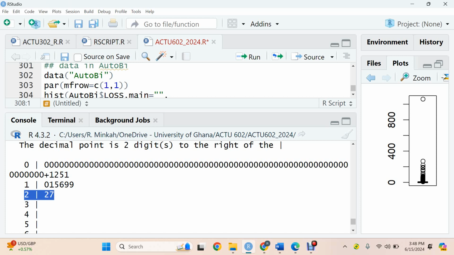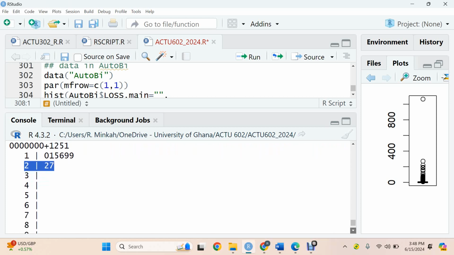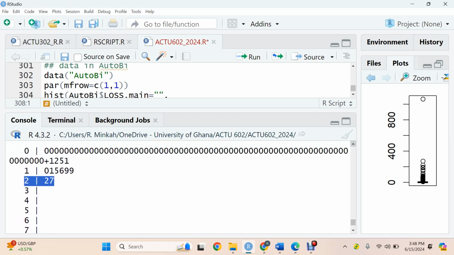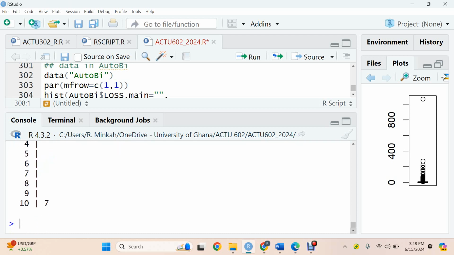Only two values were beyond two. Oh no, there's another one. So in the 200,000 column, only two values. Then it goes up to what? Over, in this case, 1 million, right? Yeah. There was one which was what?